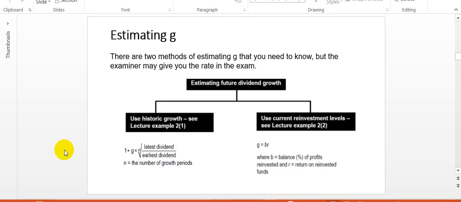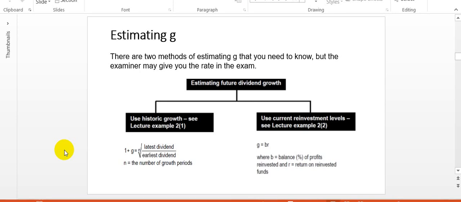The first one is the historical growth formula, which is given by 1 plus G equals the nth root of the latest dividend divided by the earliest dividend.